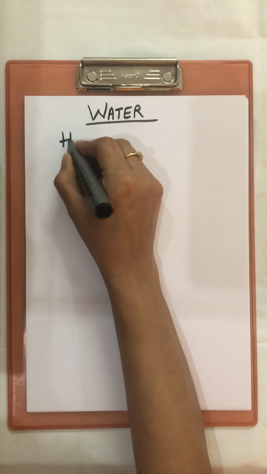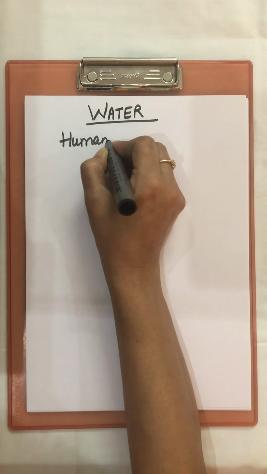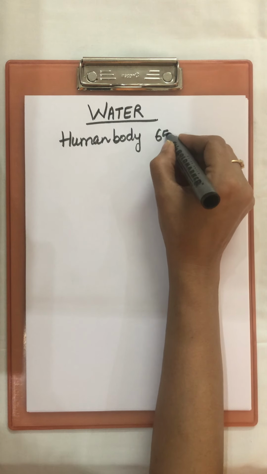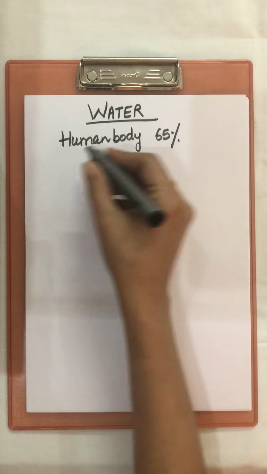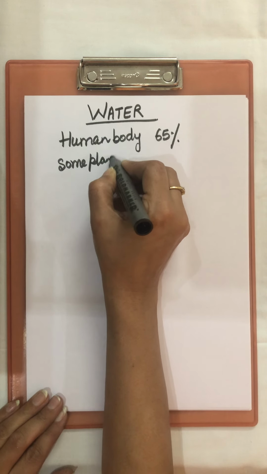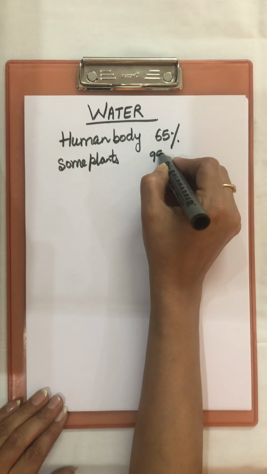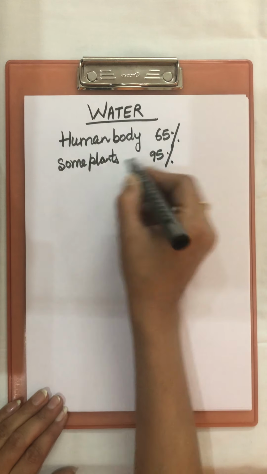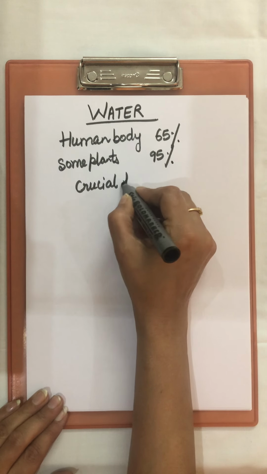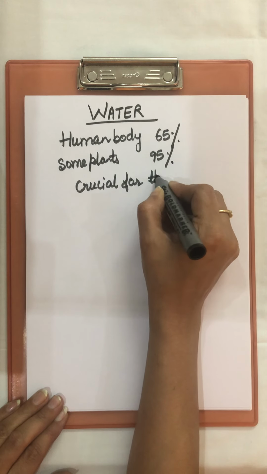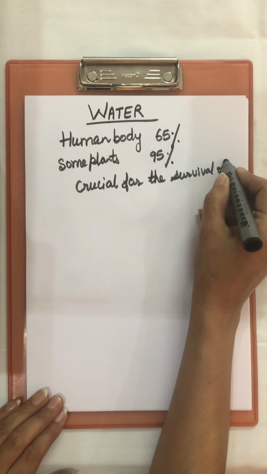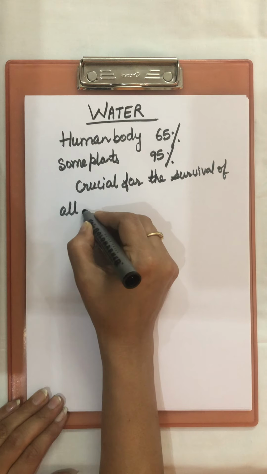Human body has about 65% and some plants have 95% of water, and water is crucial for the survival of all life forms.